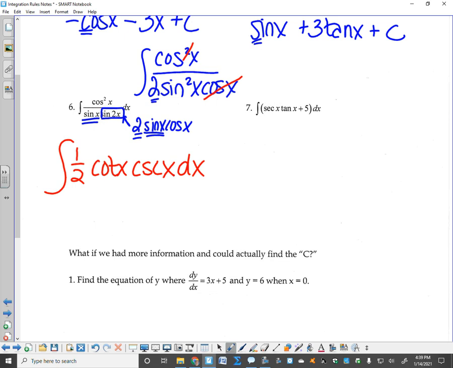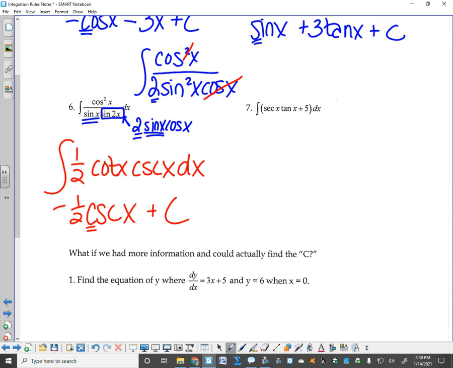I hope you guys saw, and some of you probably saw, the reducing right out of the gate. I did not. But when I got my answer, I knew that it wasn't the result of any derivative, so I knew I couldn't integrate it. Cotangent, cosecant, that's cosecant, right? 1/2, it starts with a c, so it's going to be negative.